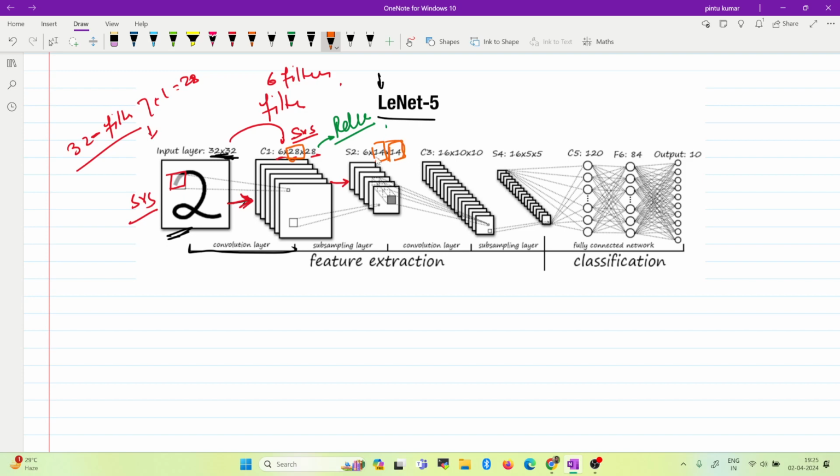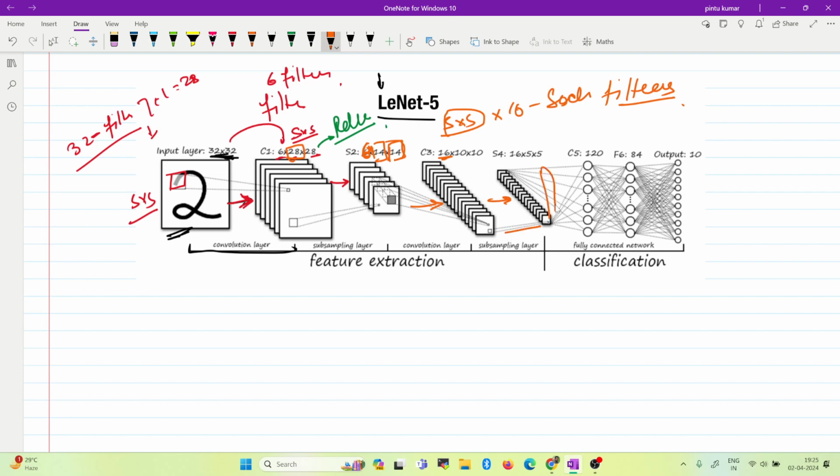This is the max pooling layer, and the number of channels remains intact. Then on top of this, they again applied a 5 cross 5 filter and obtained 16 such filters, to do another layer of convolution. Then they again did a max pooling layer.